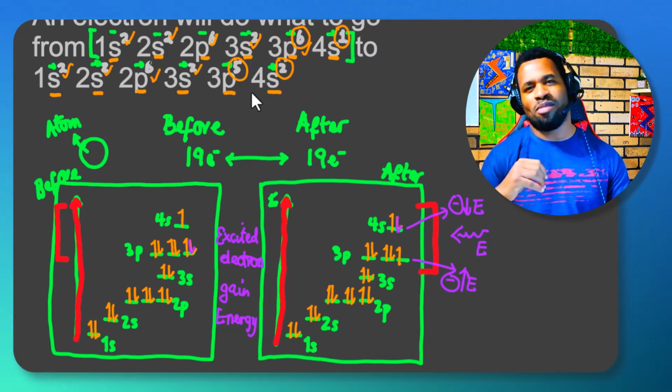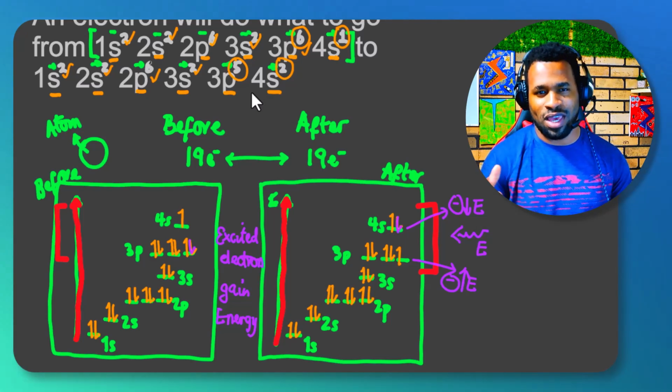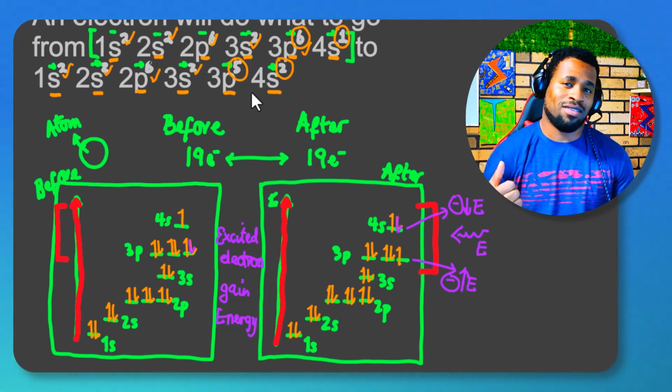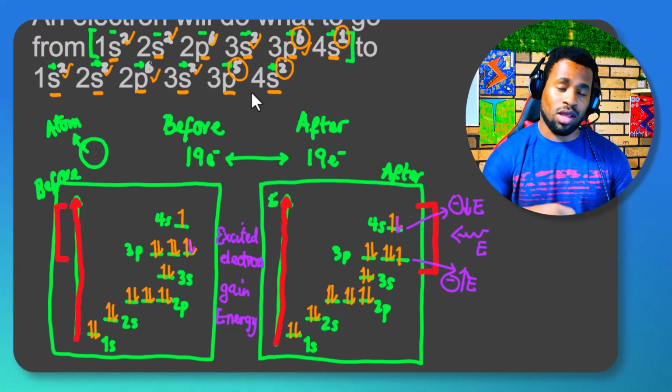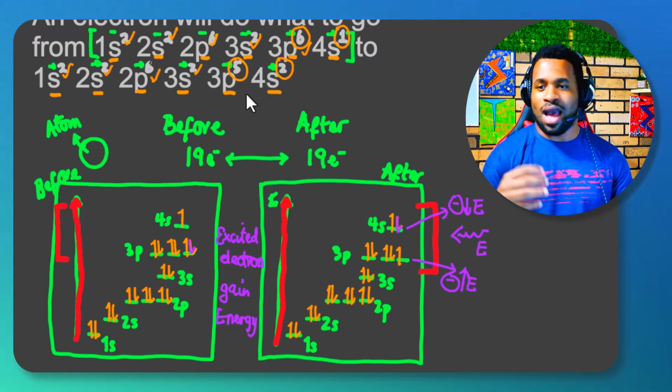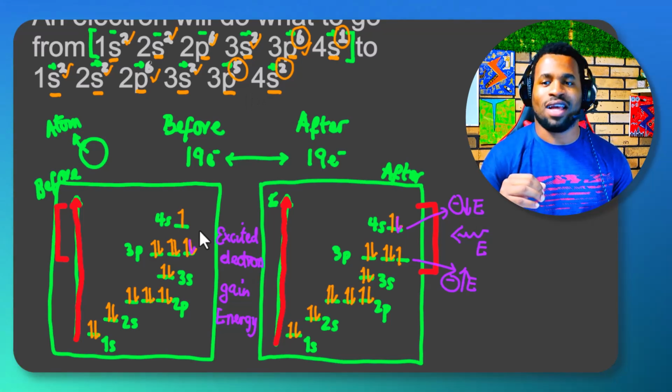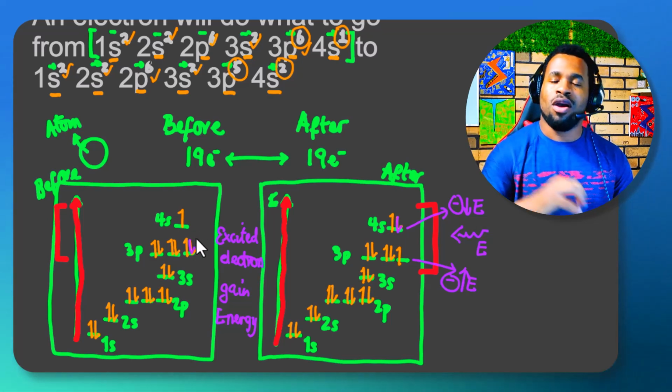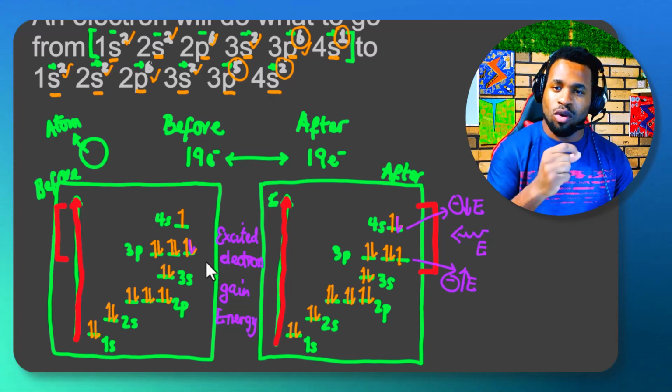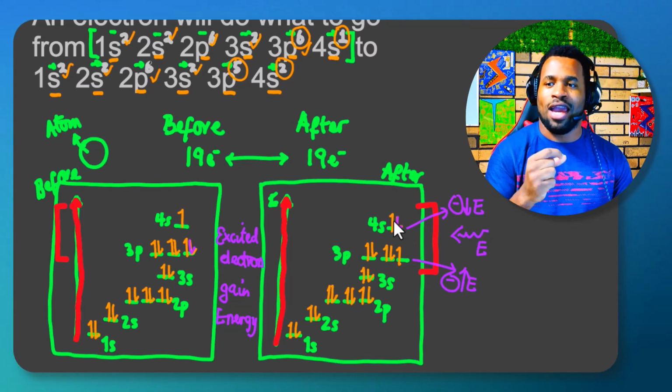Something to keep in mind is how electrons behave when light is put in or removed from them, which in this case is known as excitation of that atom, where the electron moves from a lower energy to a higher energy, as shown right here.